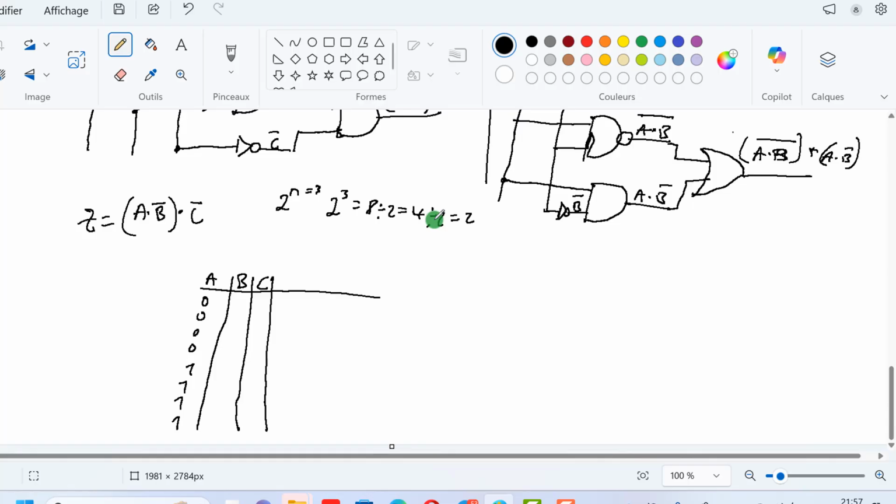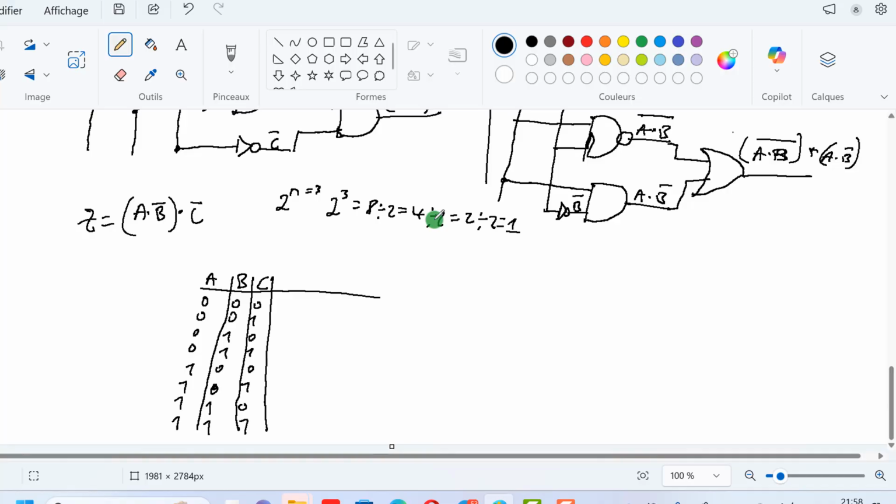So you repeat the same procedure, aligning 2 zeros, 2 ones, and so on and so forth: 0, 0, 1, 1, 0, 0, 1, 1. You take this same 2 again, divide by 2, you obtain 1. So you take 0, 1, 0, 1, 0, 1, 0, 1. So this is your truth table, and this is what you are using.